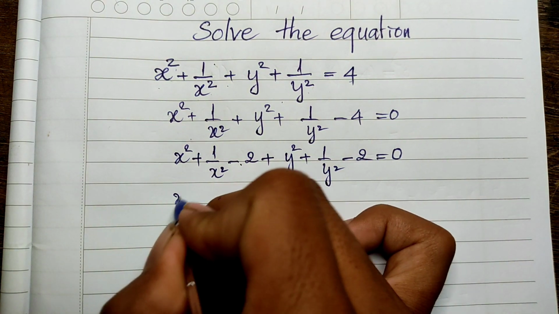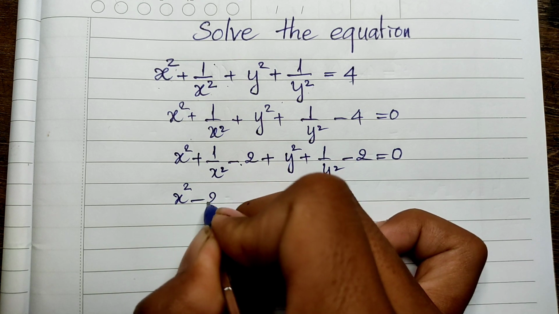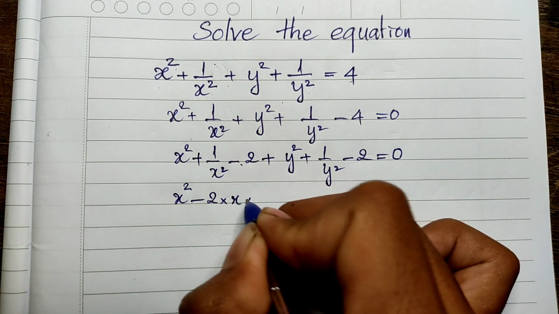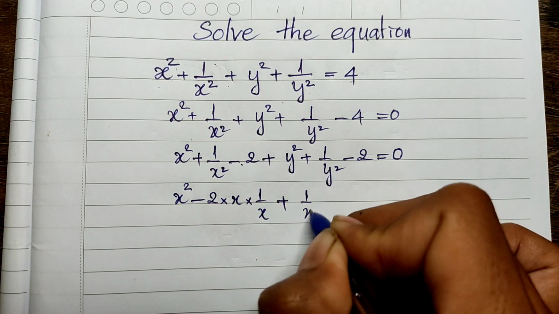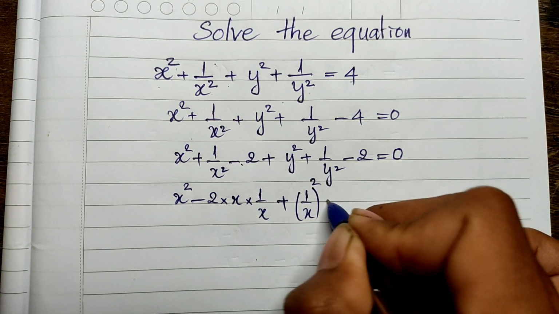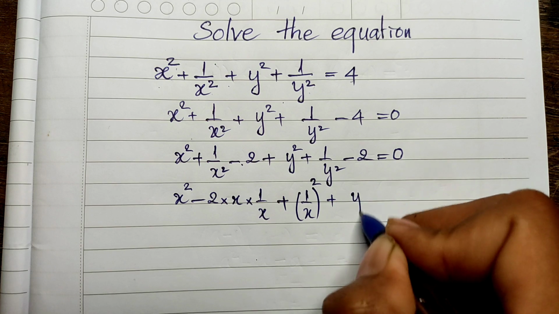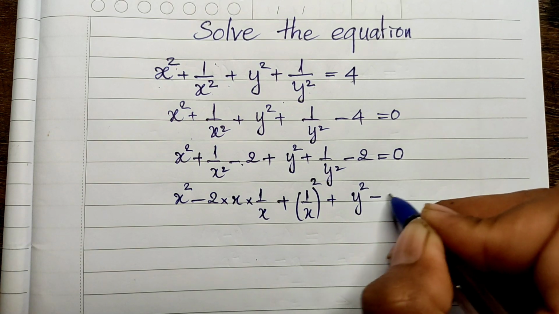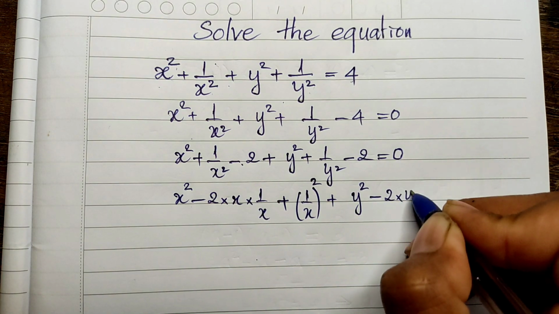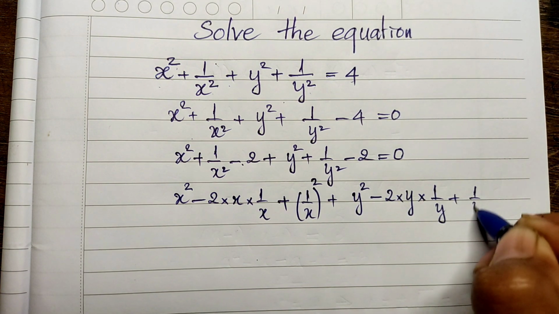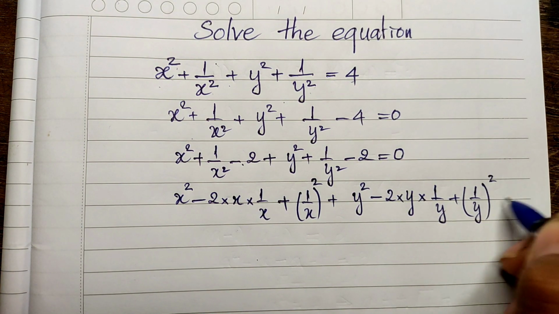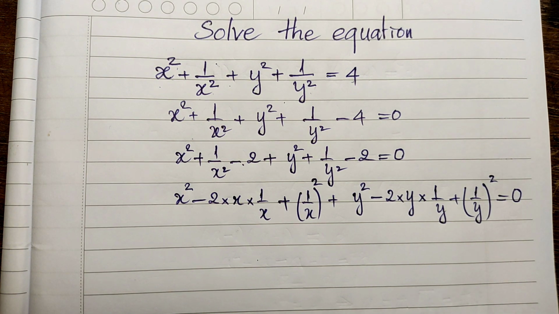And so I can write x squared minus 2 times x times 1 divided by x, plus 1 divided by x, all squared. And plus y squared minus 2 times y times 1 divided by y, plus 1 divided by y, all squared, equals 0.